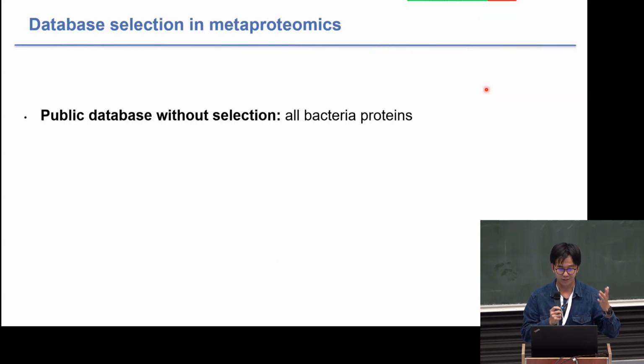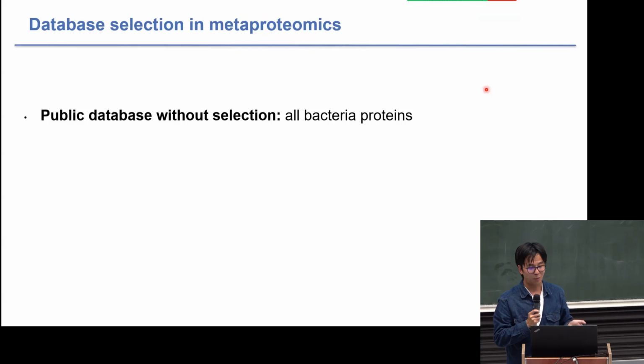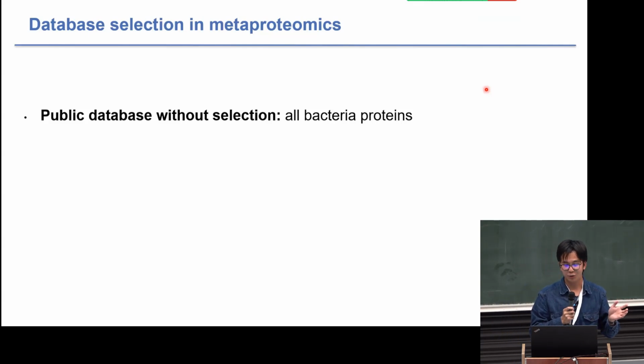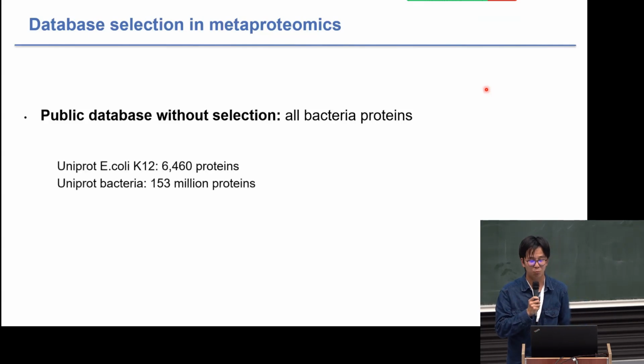There are several different strategies for how to select the database. First of all is to use a public database without selection. For example, you put the keyword bacteria and download all the bacterial proteins from UniProt, which is not really practical.